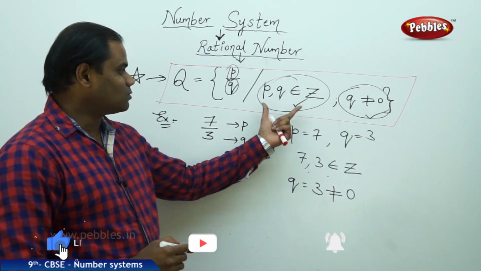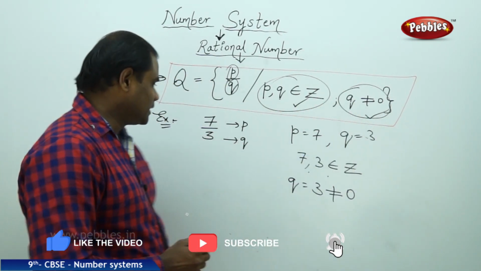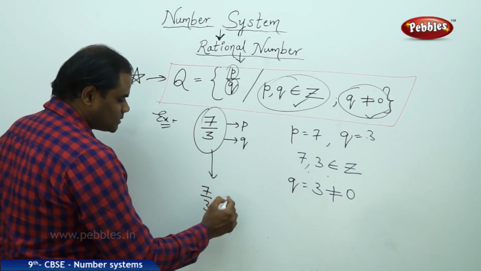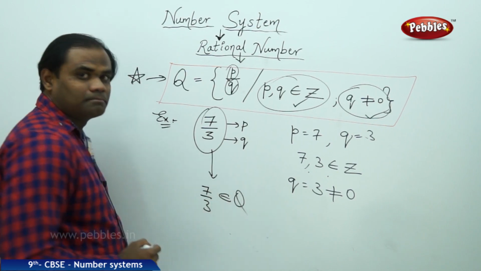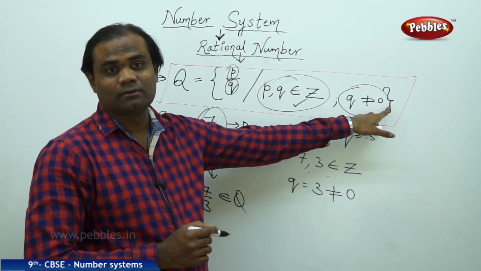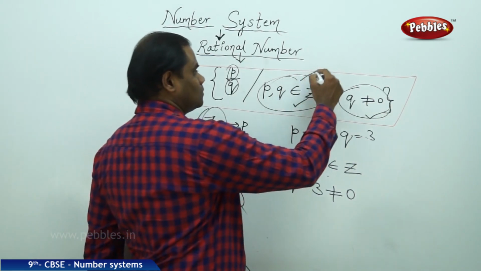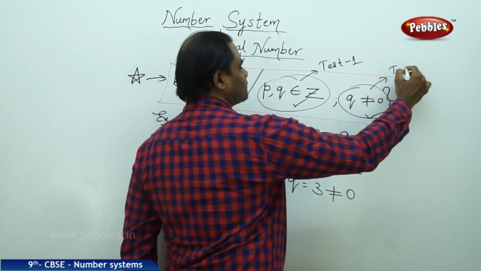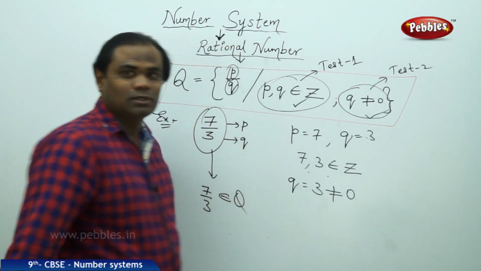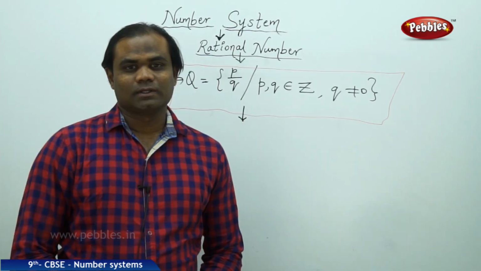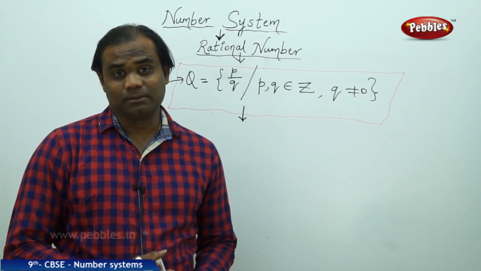So with the passing of the two tests, I can proudly say that 7 over 3 is a rational number, belongs to Q, because it passes test 1 and test 2. Let's try one more example problem.